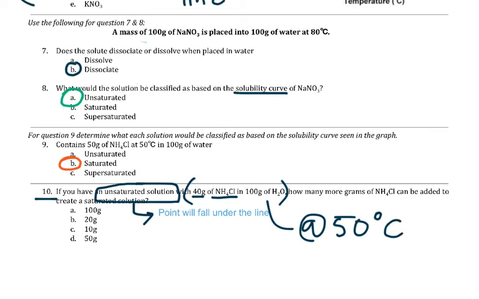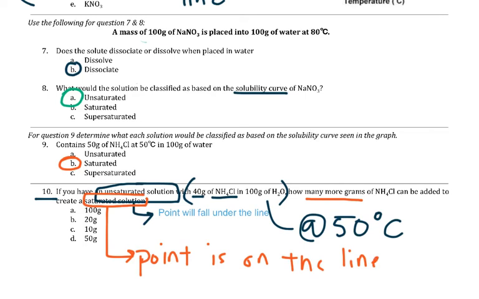The next part of this question is really important. How many more grams of ammonium chloride can be added in order to create a saturated solution? Remember, saturated solution means that the point is on the line, as we saw in questions 8 and 9.